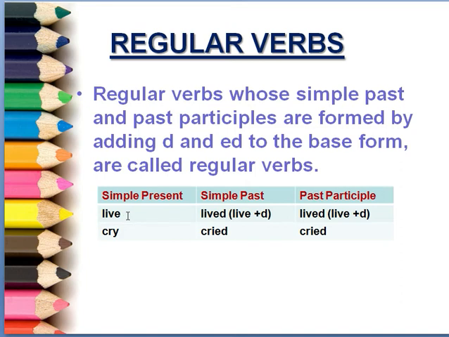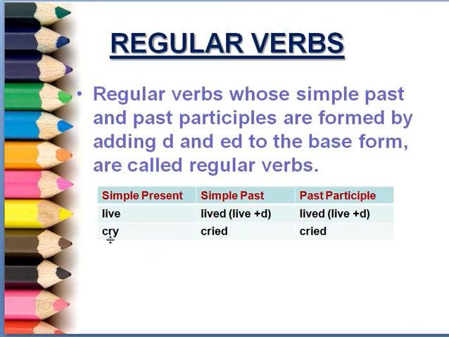Live. We will add what? Lived. D or ed if we'll add, so this will be regular forms. Here you can see D. Now again here we have what we have added? D. So live, lived, lived.